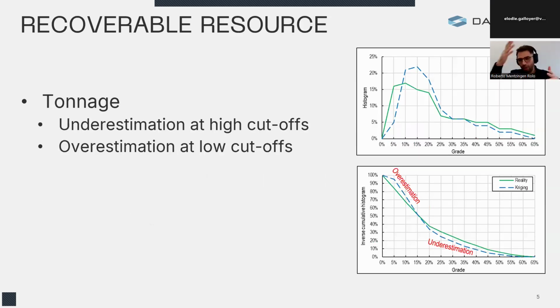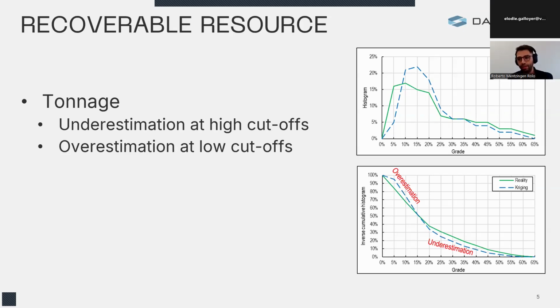And usually after completing the estimation, especially during the exploration stage of a mineral deposit, one of our main goals is to calculate global tonnages. But when we rely on an overly smoothed model and derive a grade tonnage curve from it, the results are biased. It means that tonnages at higher cutoffs are underestimated and tonnages at lower cutoffs are overestimated.